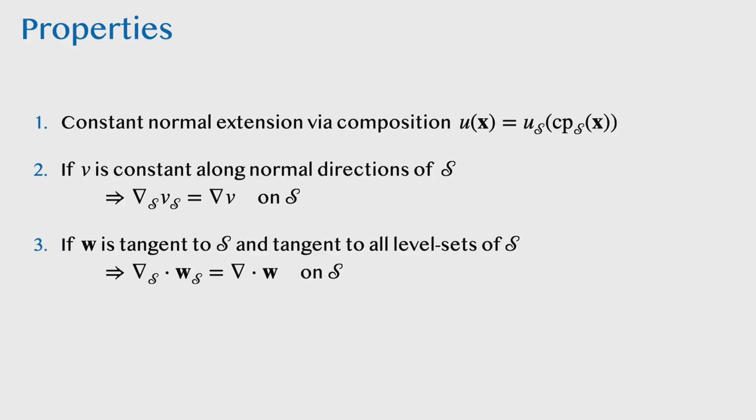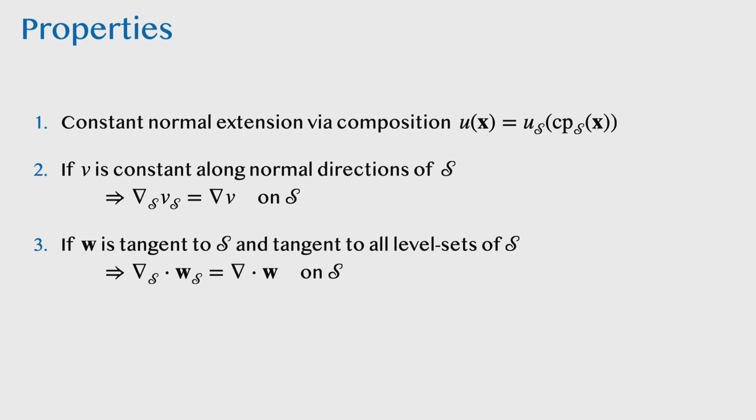Also, if a vector field W is tangent to S and to all the level sets of S, so all these offset surfaces from the zero level set, then the Cartesian divergence is going to equal the manifold divergence at points on S. Again, it's because your vector field can only compress and expand within the tangent spaces, and so the manifold operators are equal to the Cartesian ones.